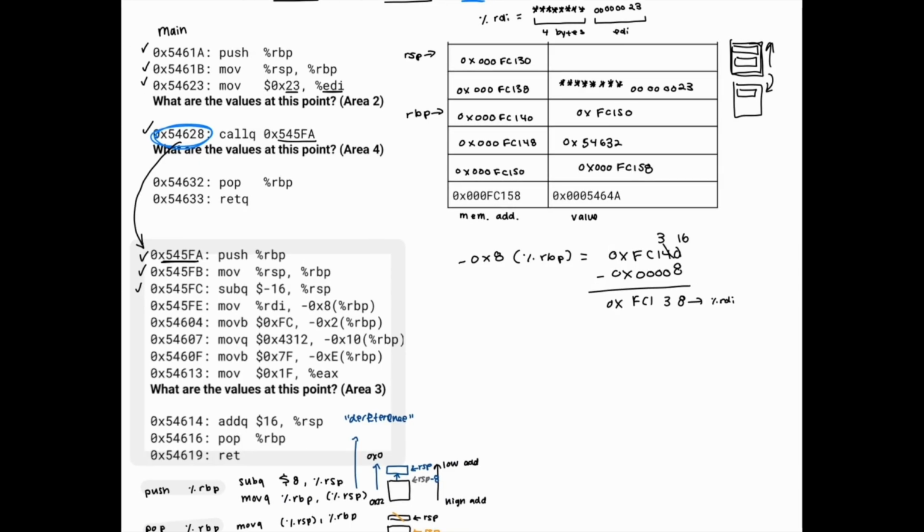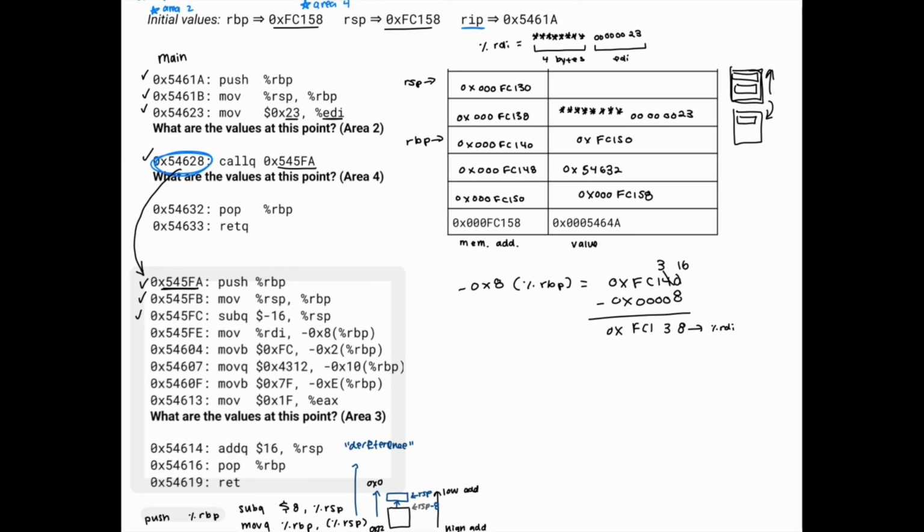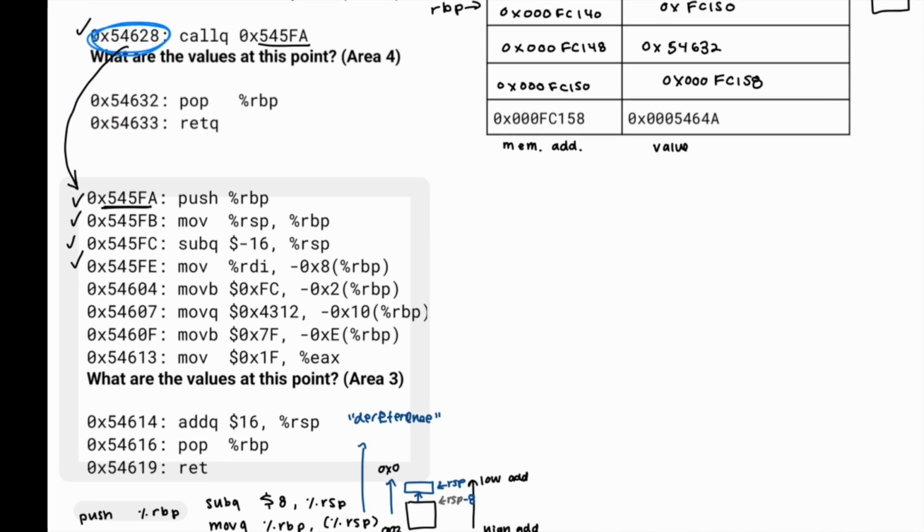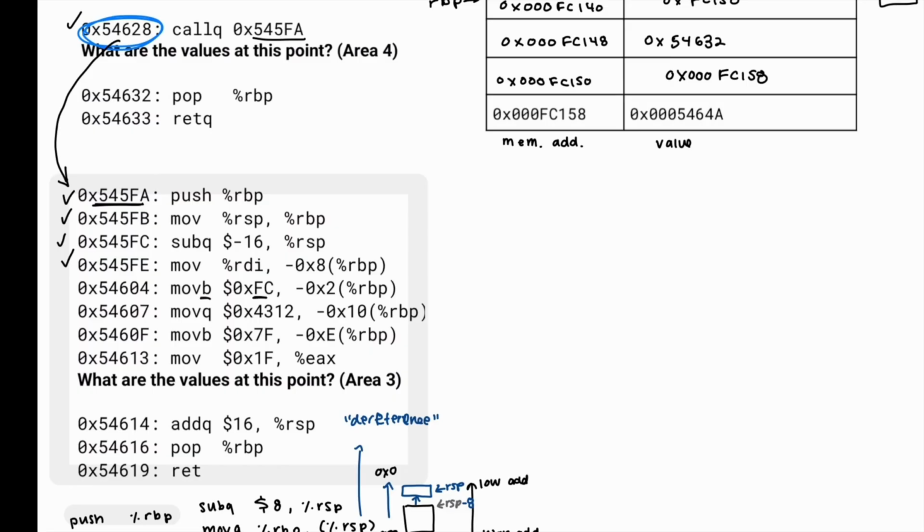So that's what that instruction is doing. It's not changing the value of RBP, it's just accessing some space above or below it using this type of memory addressing.